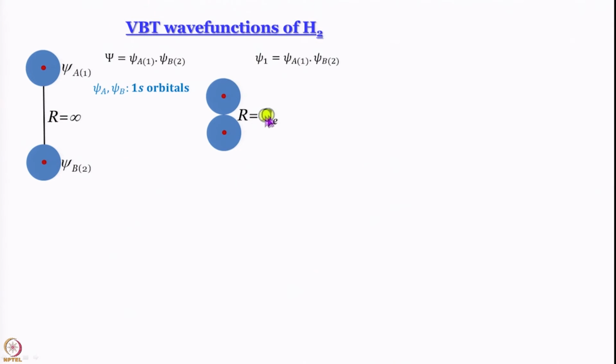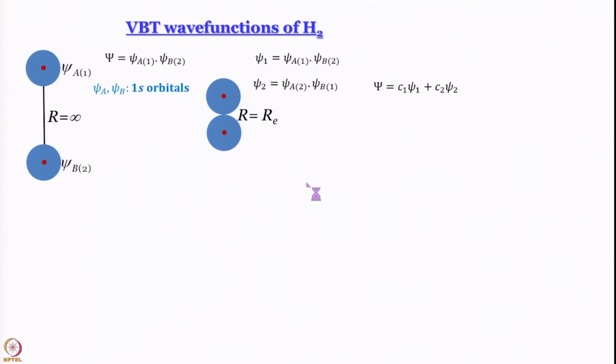The other possibility is that electron number 2 might reside in the 1s orbital of atom B, and electron number 1 might reside in the 1s orbital of atom A. Okay. So, that is the second possibility, and that would be the second term, psi 2, that would contribute to the wave function: psi A2 psi B1.